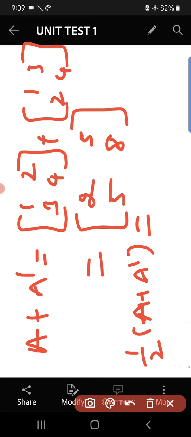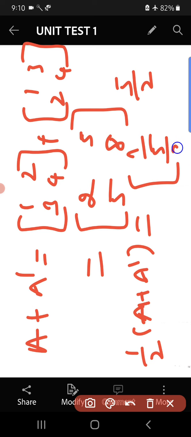You multiply every element by half, so that I will get what? 1 2 into half, I will get 1. 5 into half means 5 by 2. Then it is 5 by 2. 8 by 2 means if I cancel it, I will get 4. So this is my A plus A dash.